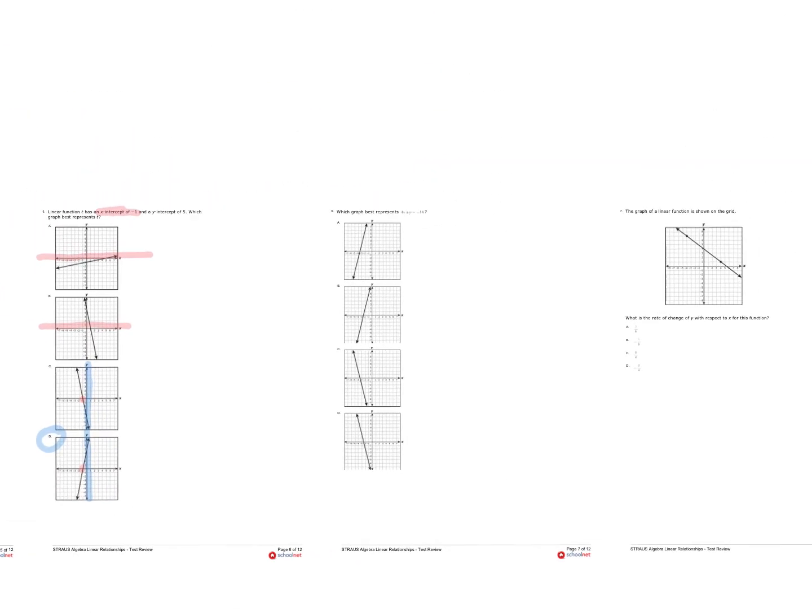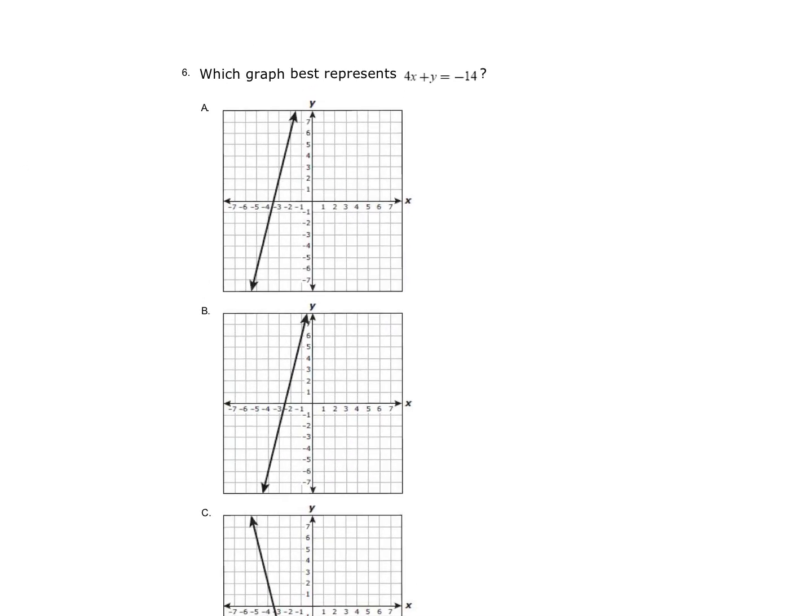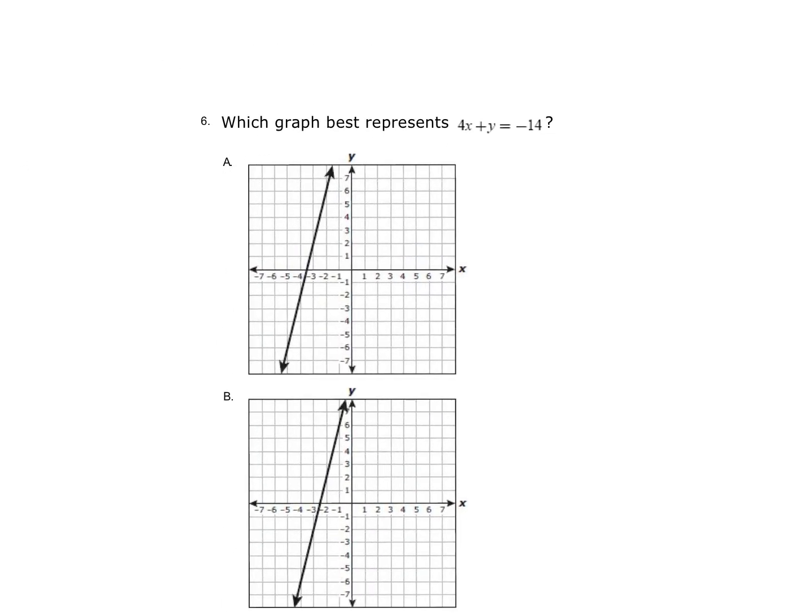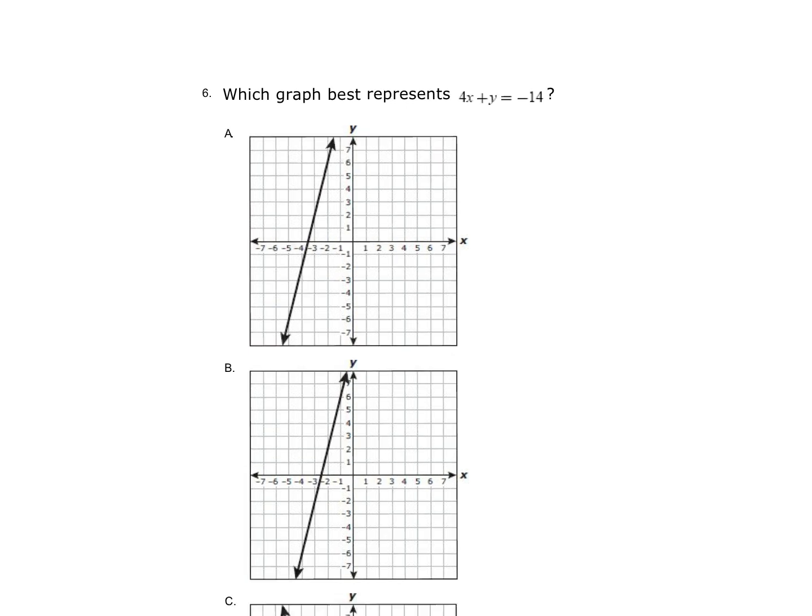So now let's look at number 6. Okay, so which graph best represents 4x plus y equals -14? Okay, so this is one that, because it is in standard form, you can use that cover-up method. Just find the intercepts. We have our x-intercept and our y-intercept. So remember, to find the x-intercept, we just cover up the y.